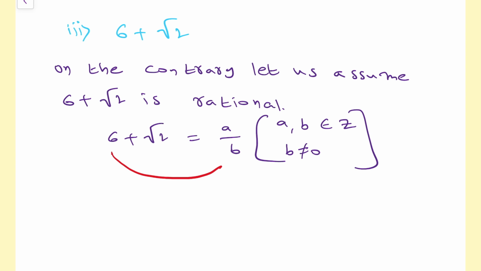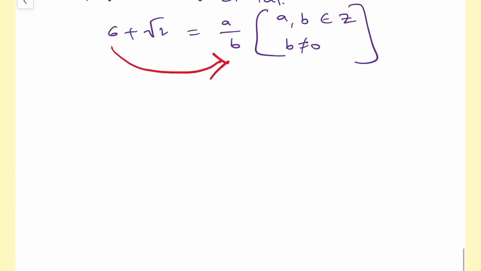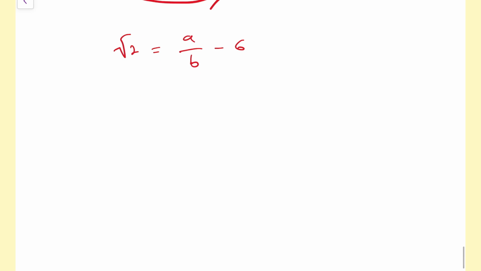Take plus 6 to the right side, then it becomes minus 6. So we get root 2 equals a by b minus 6. This 6 I am writing as 6 by 1. So root 2 equals (a into 1 minus b into 6) by (b into 1).